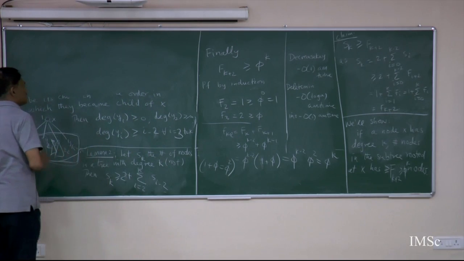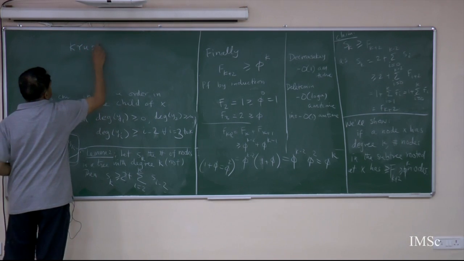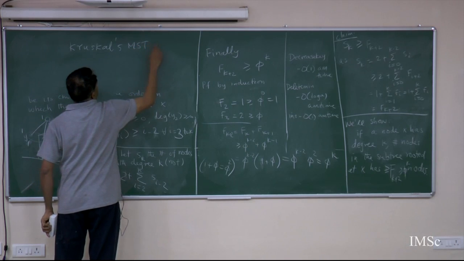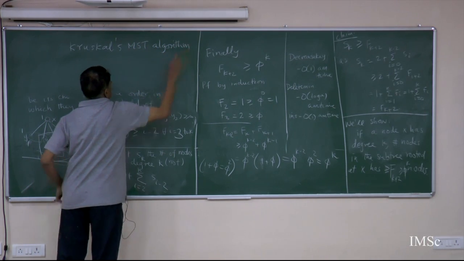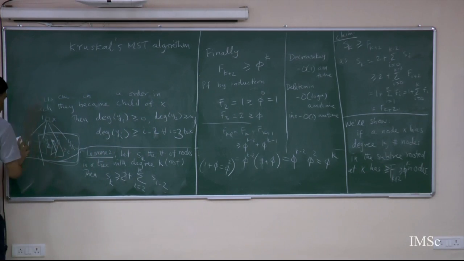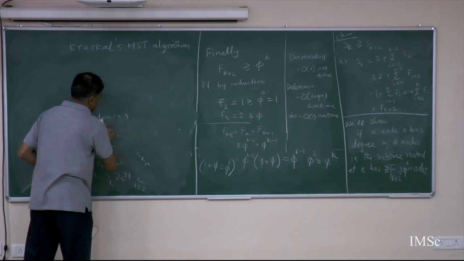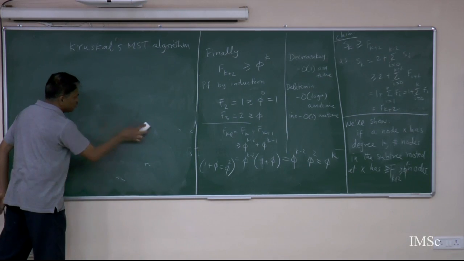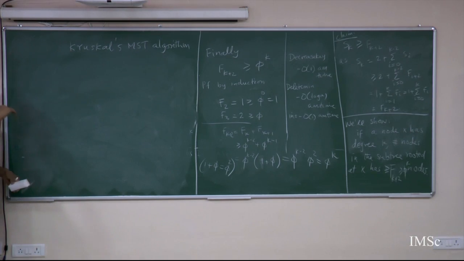So let you recall Kruskal's minimum spanning tree algorithm, right? Anybody remembers how it works? The two popular minimum spanning tree algorithms are one due to Prim and the other due to Kruskal.